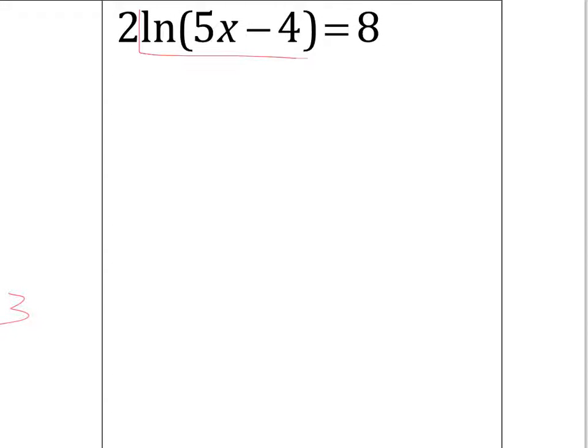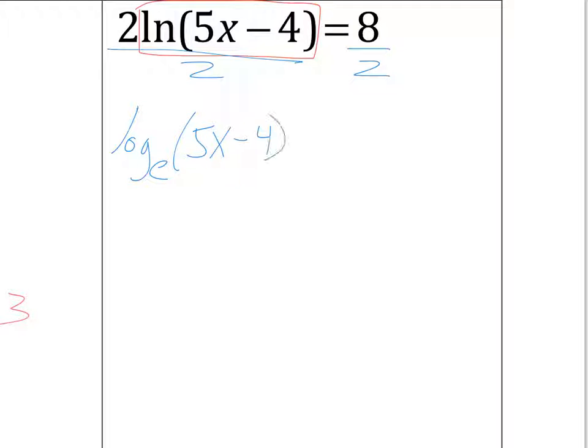For the next one, we're going to work in a similar fashion but go backwards. I'm also probably going to convert this to log base e instead of ln, just to remind us what that looks like. But first I might divide everything by 2. So we get ln, or log base e, of 5x minus 4 is equal to 4.